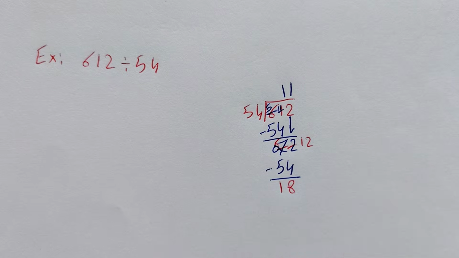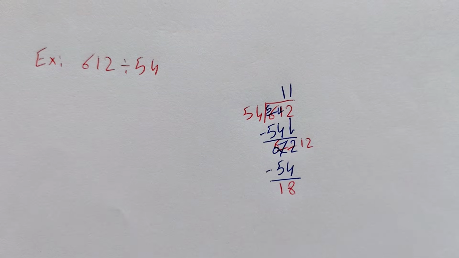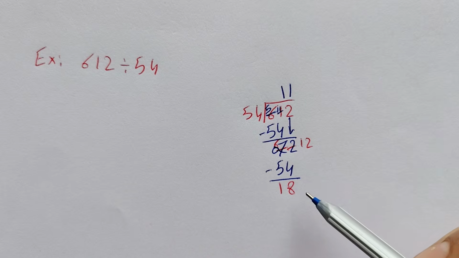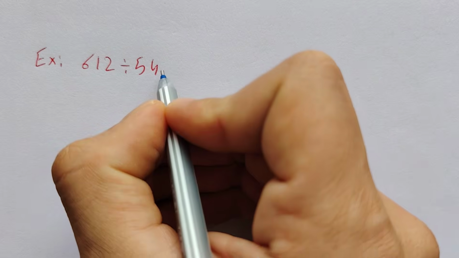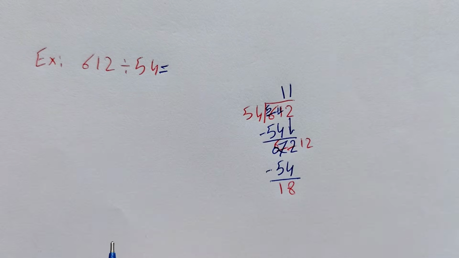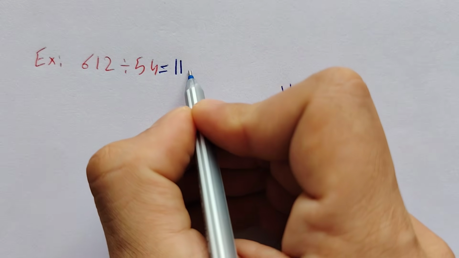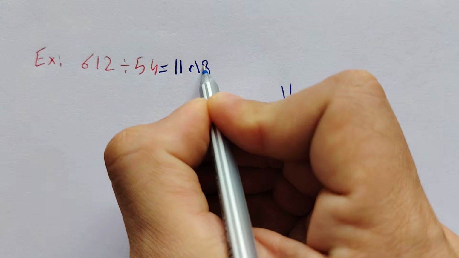Is the remainder less than the divisor? Yes. So our answer is correct till now. Do we have anything else beside the 2 to bring down? No. So we are done. 612 divided by 54. The quotient is 11 and the remainder is 18.